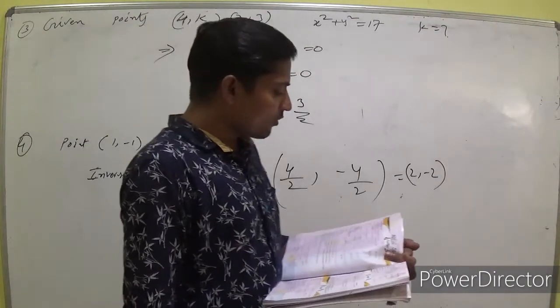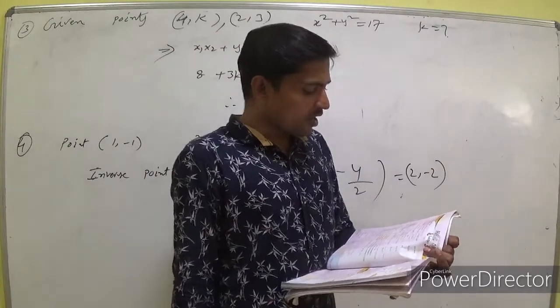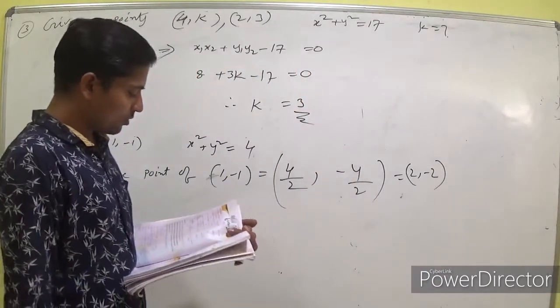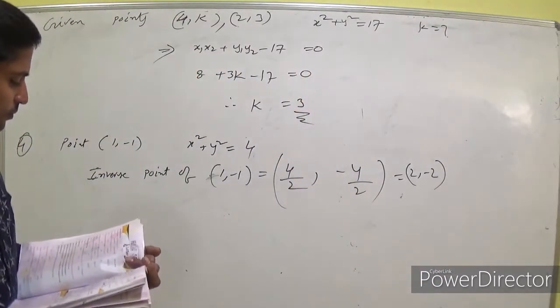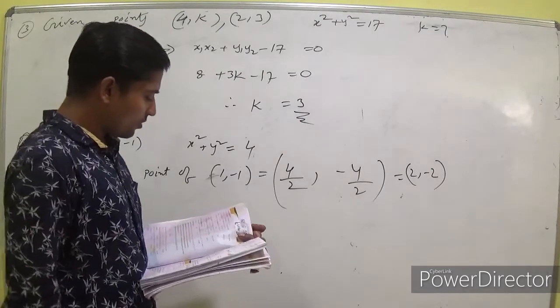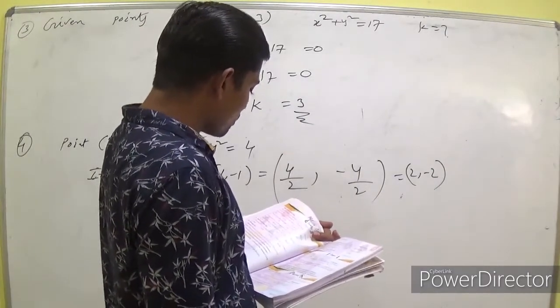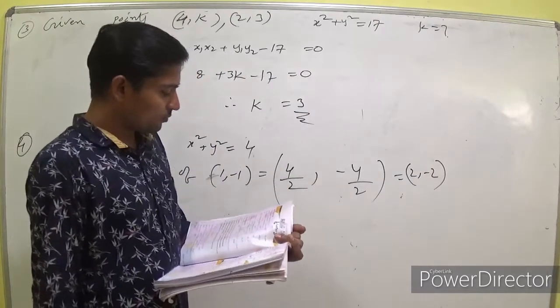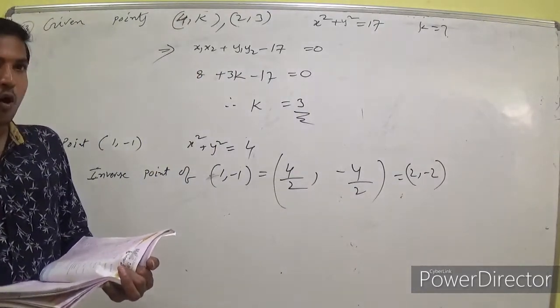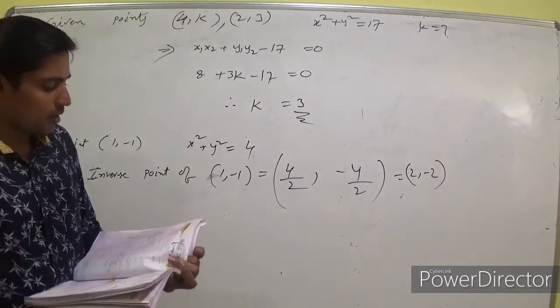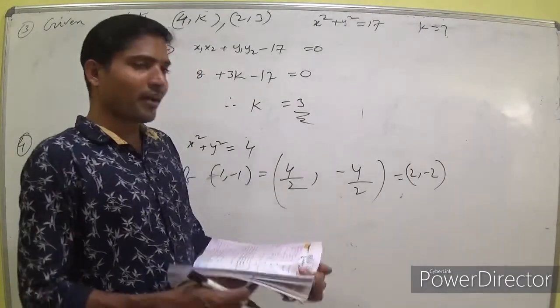The polar of the point with respect to the circle: when the point is given, then the polar is S1 equal to 0.